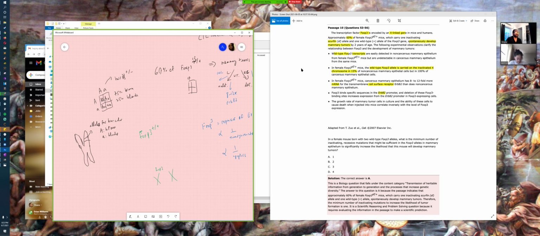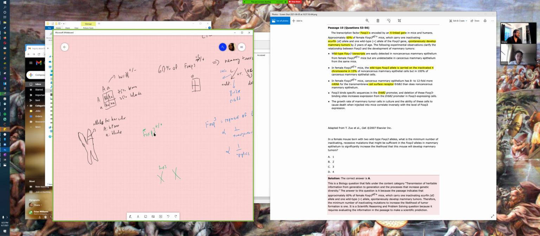Okay, so they're saying in a female mouse born with two wild type FOXP3 alleles, that means it's FOXP3 plus slash plus. Both of the alleles are wild type for FOXP3.